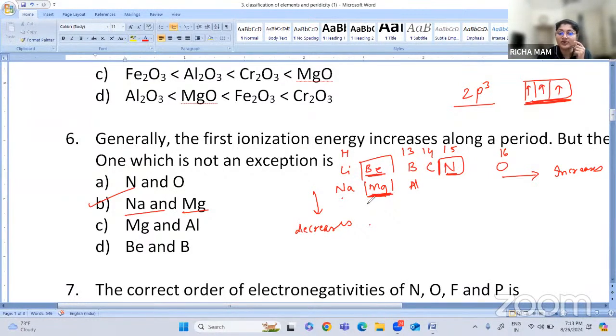When you write the electronic configuration, 1s2, 2s2, and so on, try to write it for 12 and see that it is completely filled. Because of that, the one which is not an exception is sodium and magnesium. So sodium and magnesium is not an exception, and the value is increasing. Okay, fine.